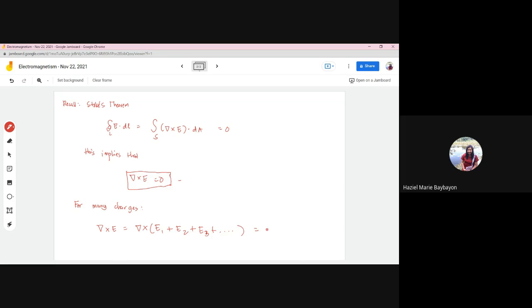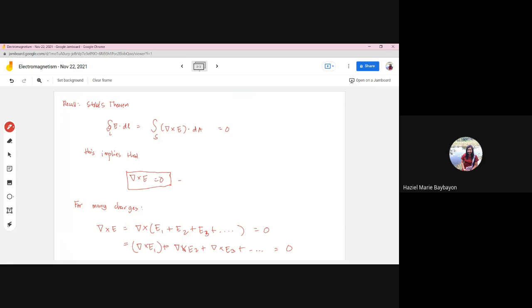So this is equal to 0, or we can rewrite this as the curl of the individual electric fields: the curl of E sub 1 plus the curl of E sub 2 plus the curl of E sub 3, and so on. Okay, so this is equal to 0.